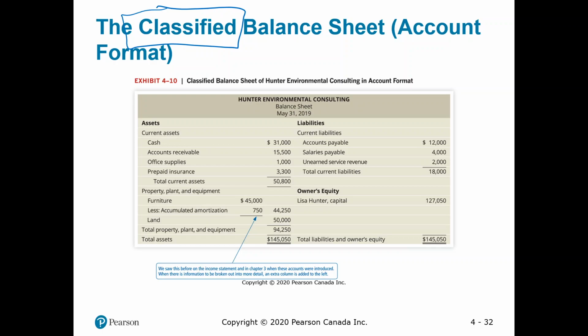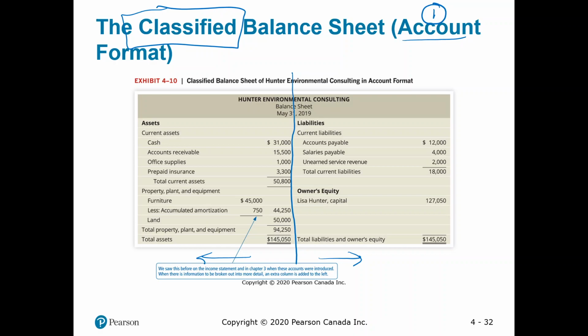There's two types of classified balance sheets. The first one that you can do is what's called an account format, and that's what you see here. So this is broken out where you have your assets on the left side and your liabilities and equity are shown on the right side.